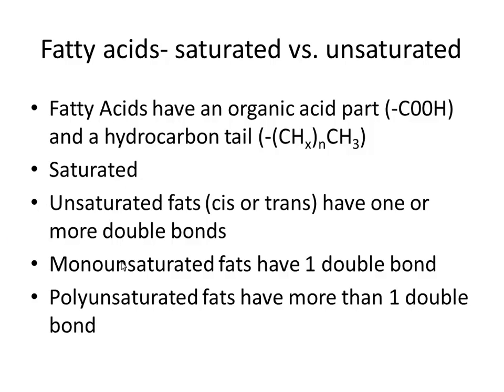Unsaturated fats have one or more double bonds, and you hear this stuff about trans fats all the time, right? You hear them in the news. Now, cis fats are found in nature, almost everywhere. I don't know if there are any examples, there probably are, but almost every fat that we eat is a cis fat, and natural.